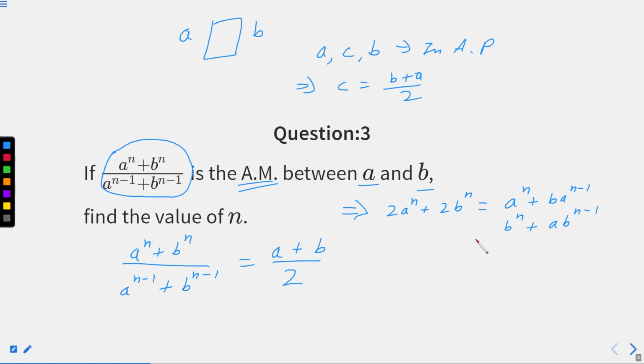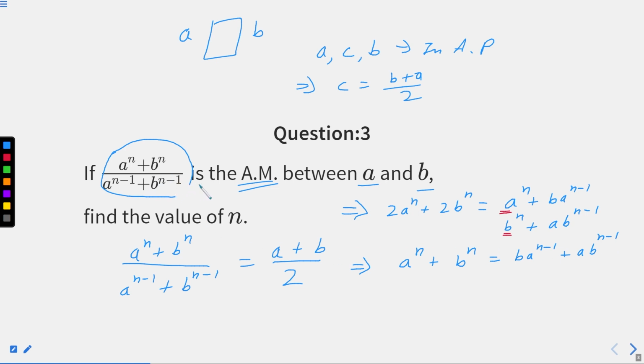Now taking A^n and B^n to the left side will give me, after simplification, A^n plus B^n, which is equal to B·A^(n minus 1) plus A·B^(n minus 1).